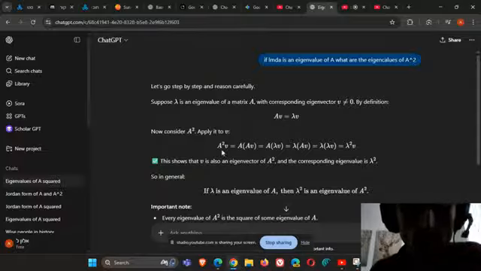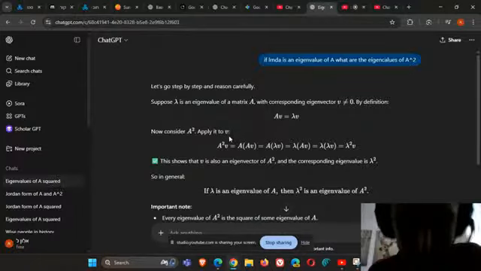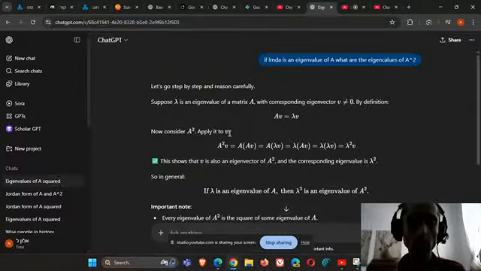So what we get is that A squared v equals lambda squared v. Namely, lambda squared is an eigenvalue of A squared. What we learned is that if we have an eigenvalue lambda of A, then lambda squared is an eigenvalue of A squared. Okay, this is just this direction, not the opposite.